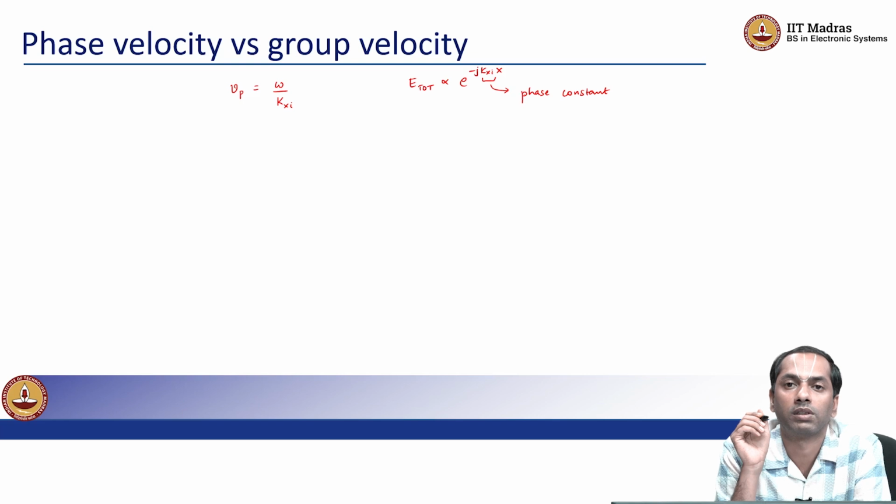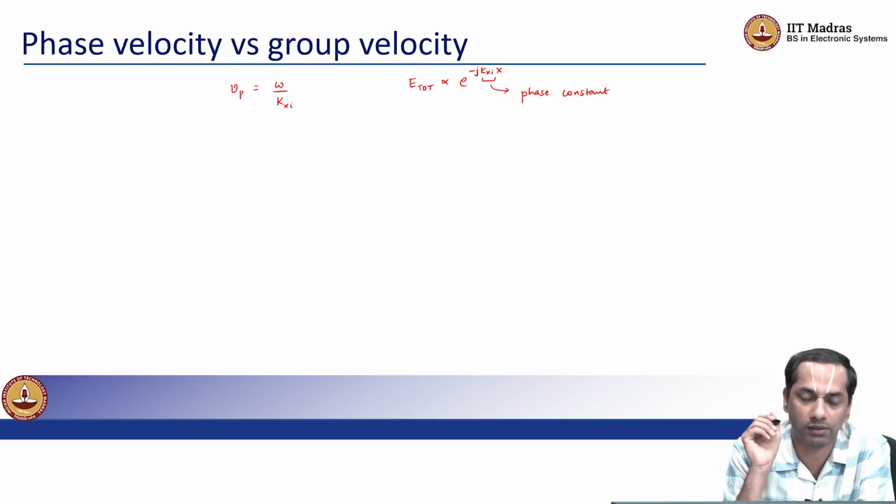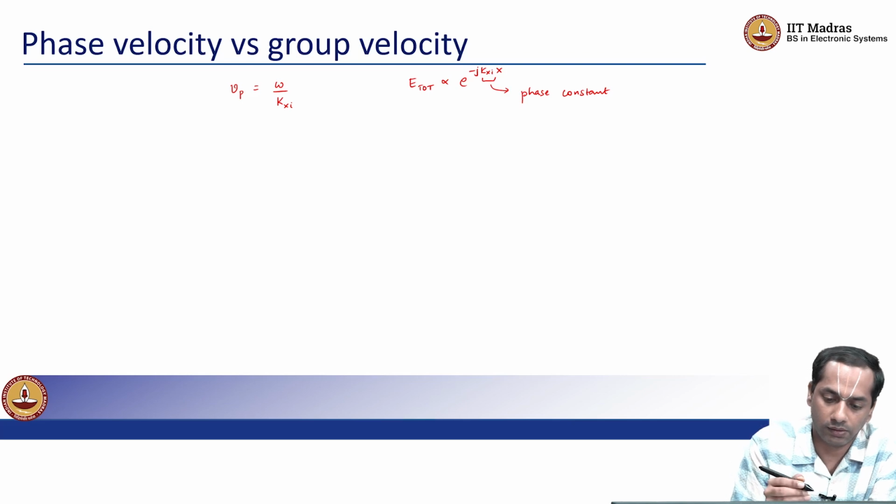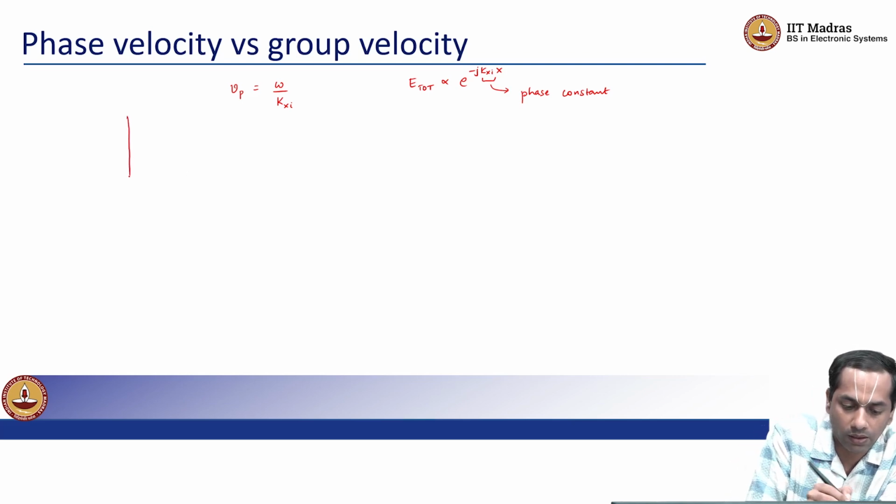So remember what was kxi? It was k1 sine theta. Let us think through that. I remember my perfect conductor and my k vector, and this was my theta.